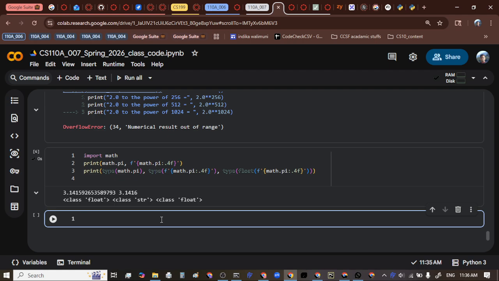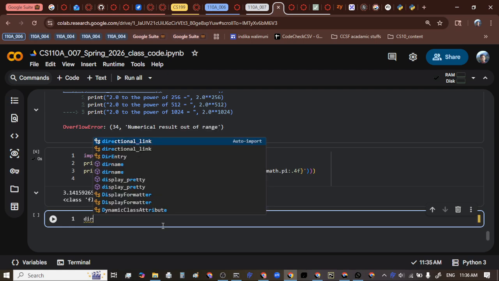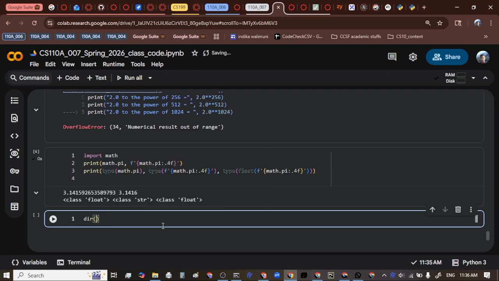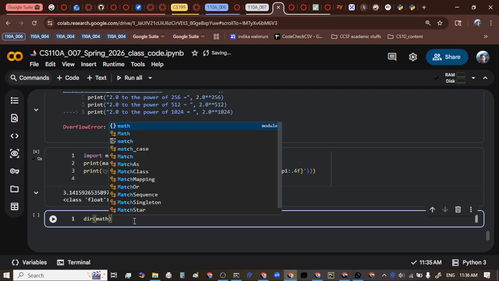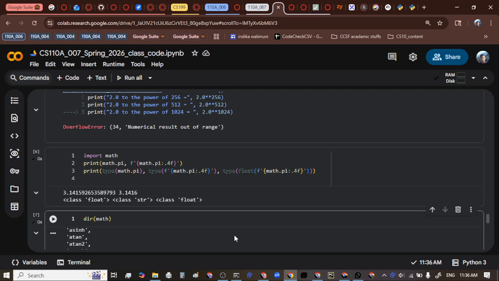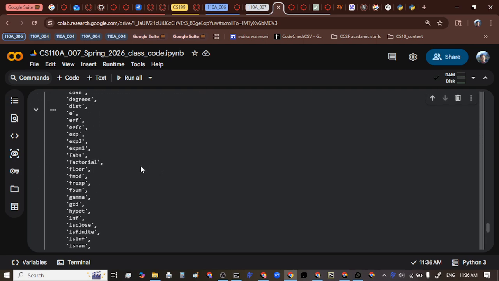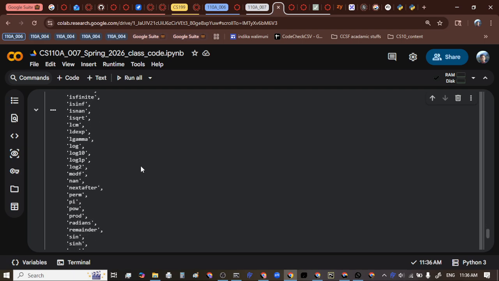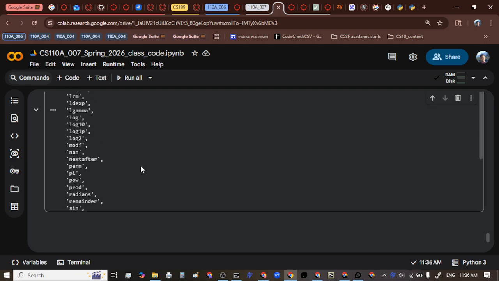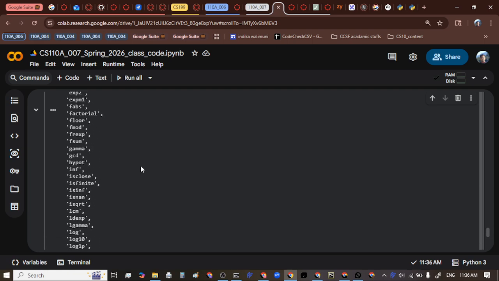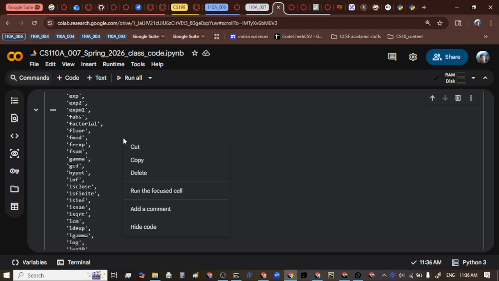So if you print dir of math, it will print all the content inside the math module. And there should be something for rounding. Yeah, it's right here.